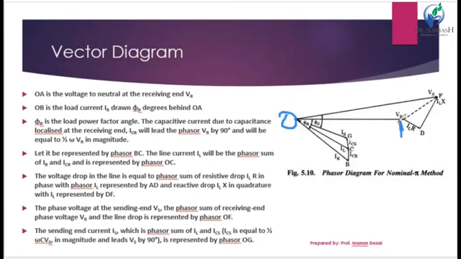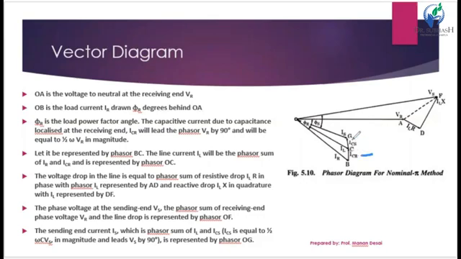OB is the load current IR. Phi R is the load power factor angle. It is lagging, and the capacitive current due to the capacitance localized at the receiving end, ICR, will lead the phasor VR by 90 degrees and will be equal to half omega C VR in magnitude.